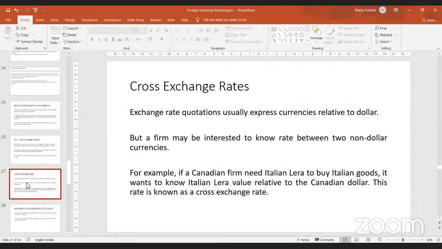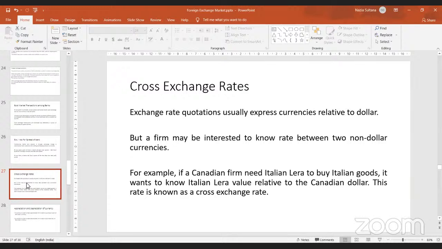Then you have cross exchange rates, where currencies' values are expressed relative to the dollar. For example, there's an example quoted here. You have a Canadian firm, and the Canadian firm may want to buy something from Italy.